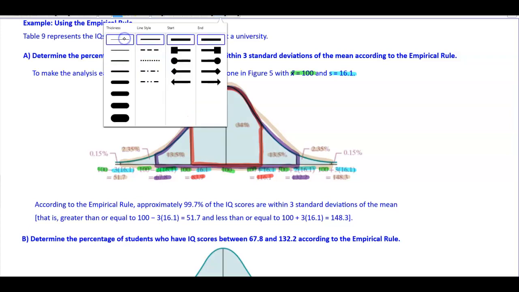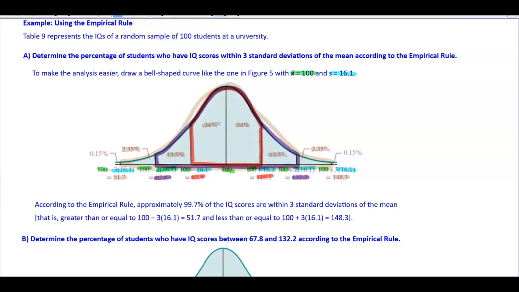If we add those all together, 2.35% plus 13.5% plus 34% plus 34% plus 13.5% plus 2.35%, it's going to give us 99.7%.